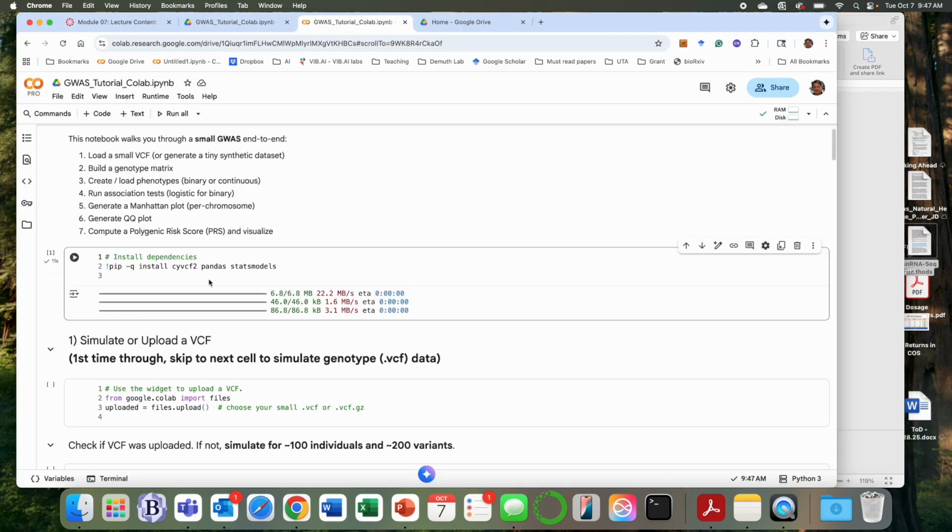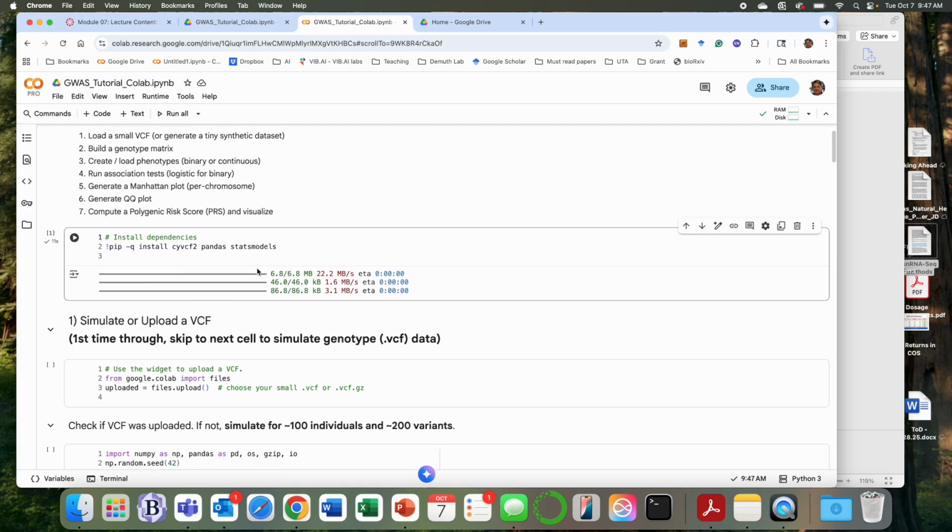And Pandas is a data frame manager, so we can treat things like a big table. And statsmodels is what's going to let us do the logistic regression.